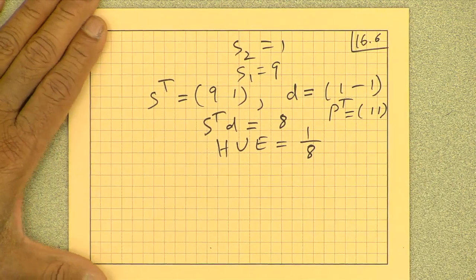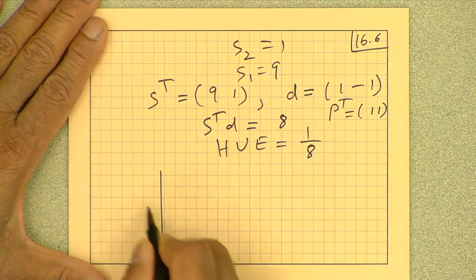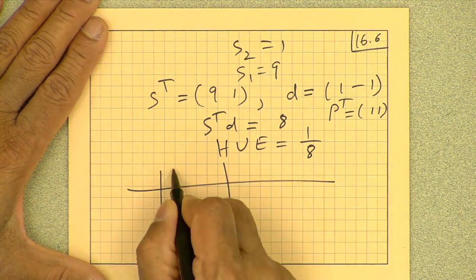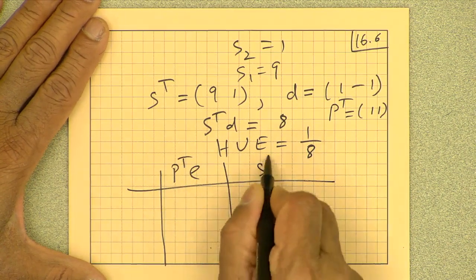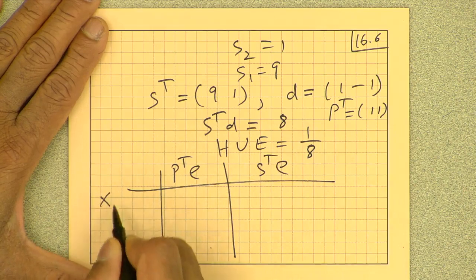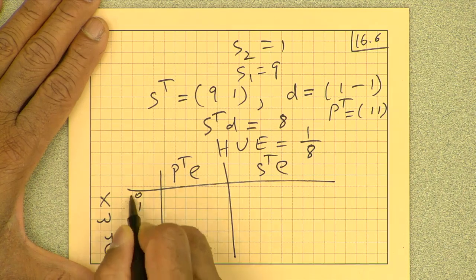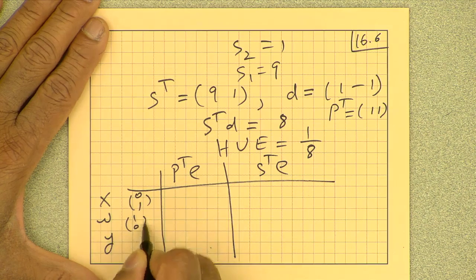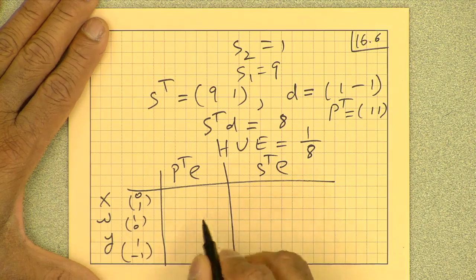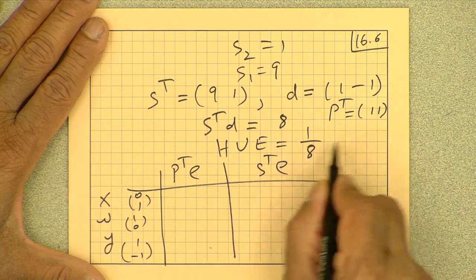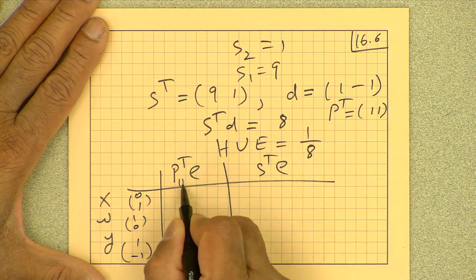So P transpose is 1 1, and then we compute the P transpose E and S transpose E for x, w and y. x is 0 1, w is 1 0, y is minus 1, P transpose is 1 1.